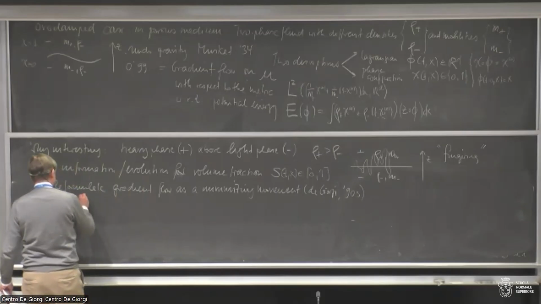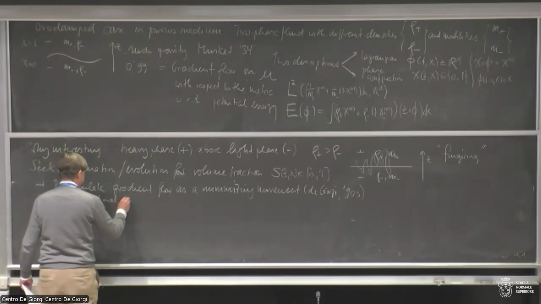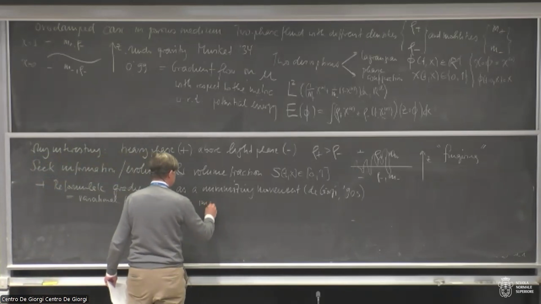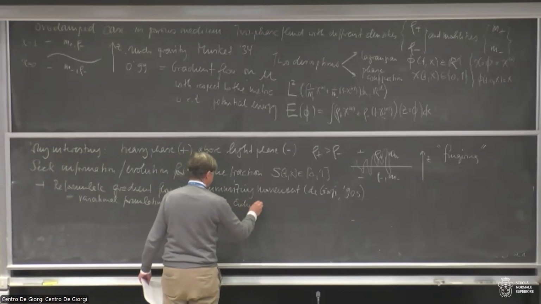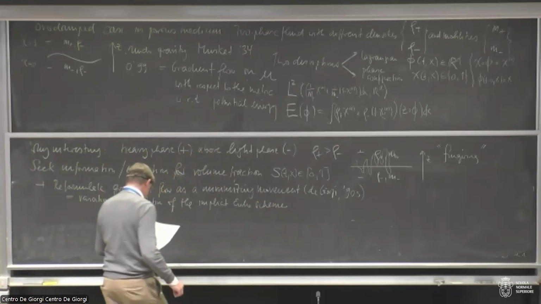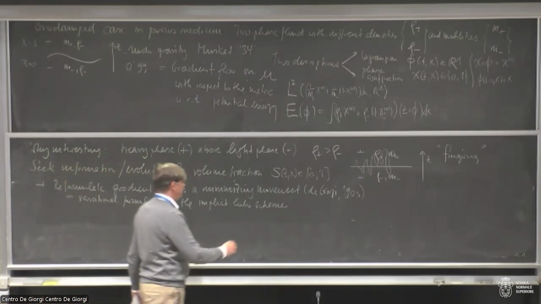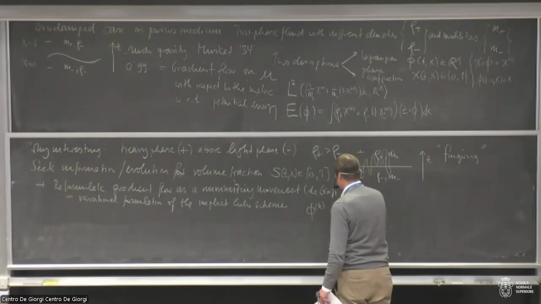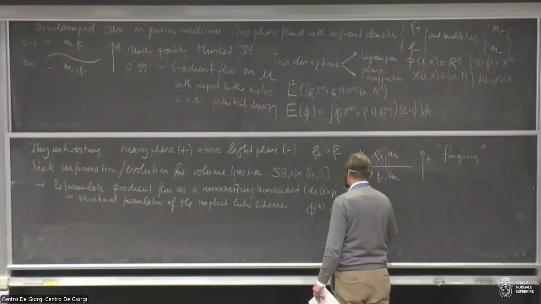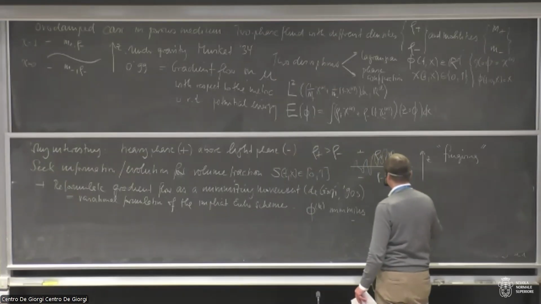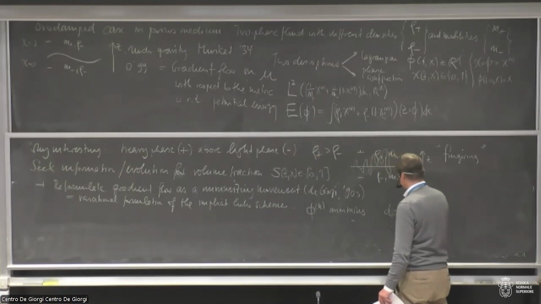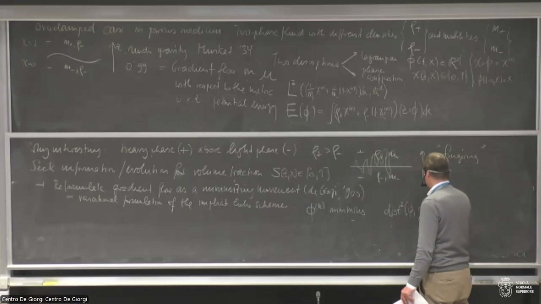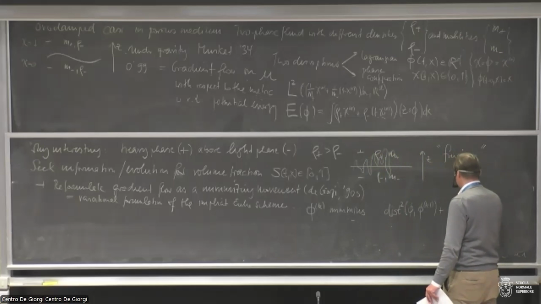So loosely speaking, it's a variational formulation of the implicit Euler scheme, which comes in the following quite intuitive form. Your configuration at time step k minimizes the squared induced distance on your Riemannian manifold to the previous time step, plus the energy functional.